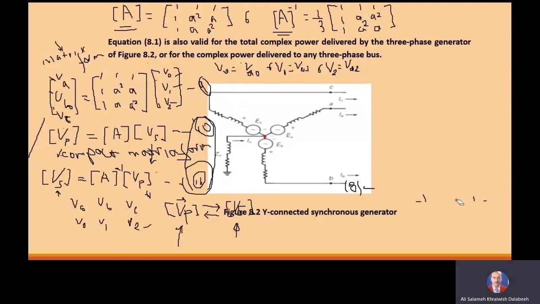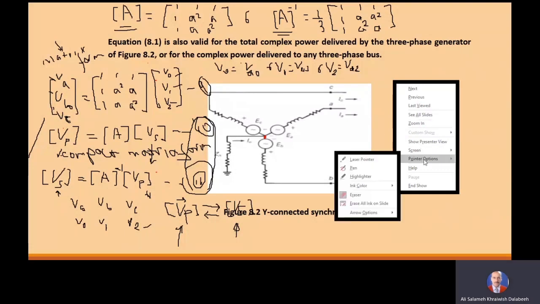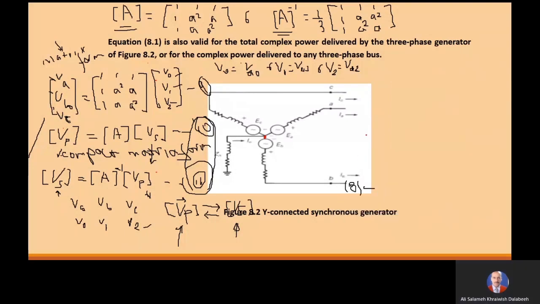These currents differ in magnitude and differ in angle.